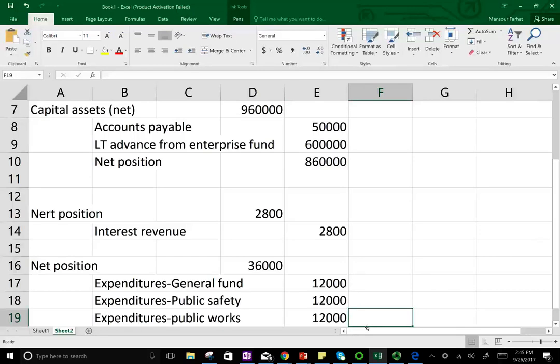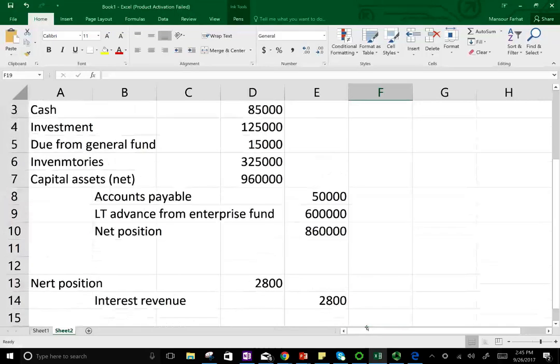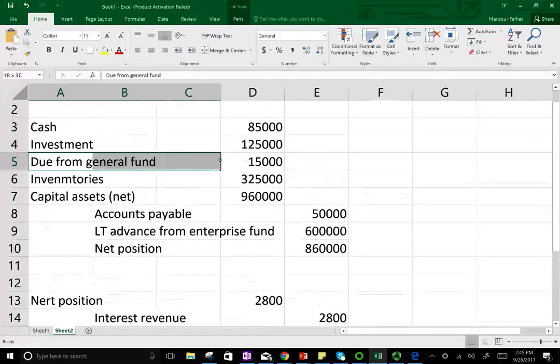Because this is interrelated profit. And the last thing is, since we have due from the general fund, it's due to and due from, so they're going to be eliminated against each other.